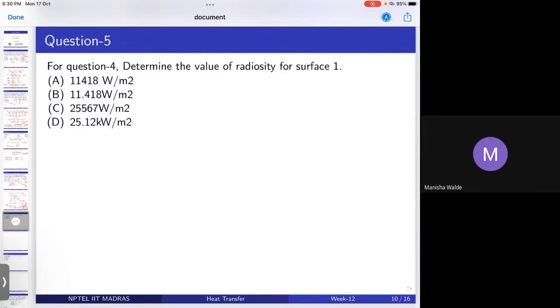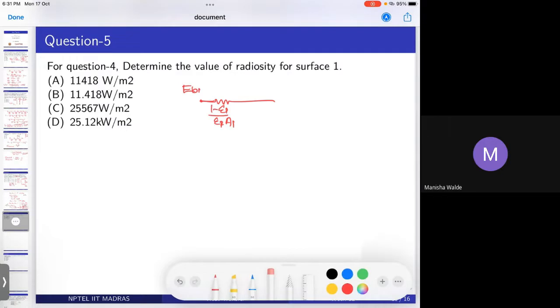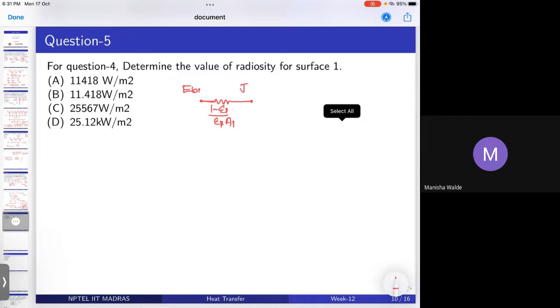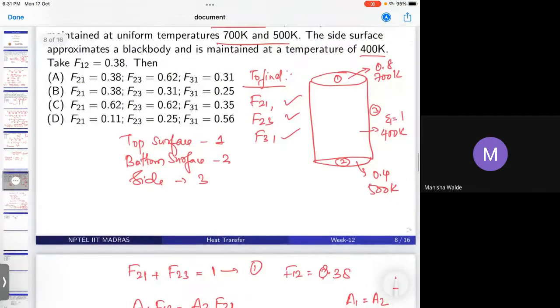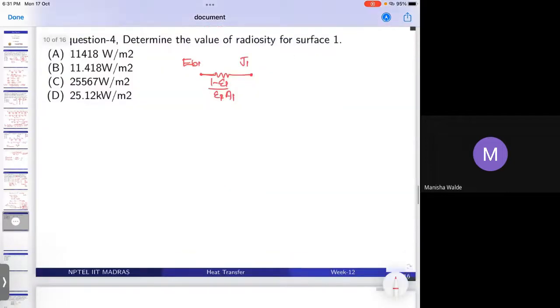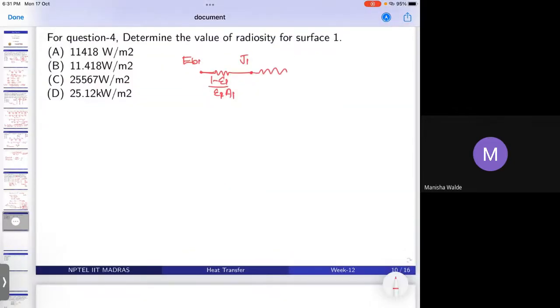So we have 3 surfaces, starting with the first surface. This surface 1, the top surface, is exchanging heat with both 3 and 2, right? So this is J2 and we have EB2.